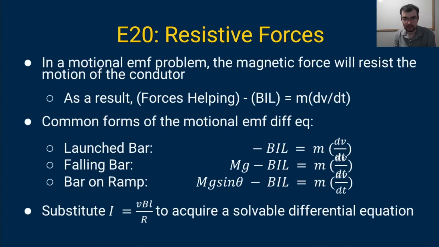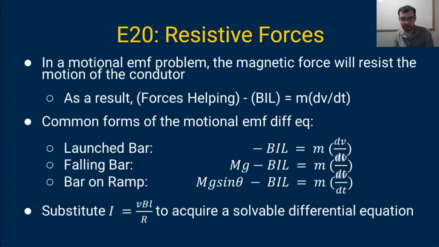If you're just launching a bar and there's nothing helping it, then the BIL force just causes your acceleration, which is a slowdown. If you're just dropping a conducting bar into that magnetic field region, mg is trying to push it down, but BIL is trying to resist and pull it up. Or if you're going down a ramp, it looks similar, except you just tack on a sine theta, because it's not all of mg pulling it down, it's just the mg sine theta part. And that should say dv/dt over there.